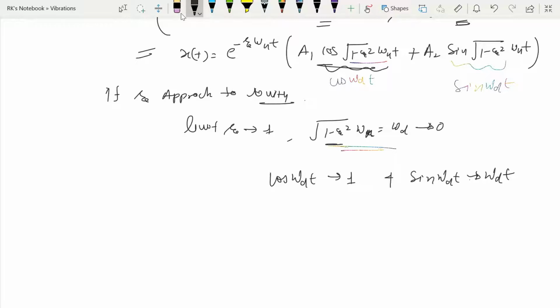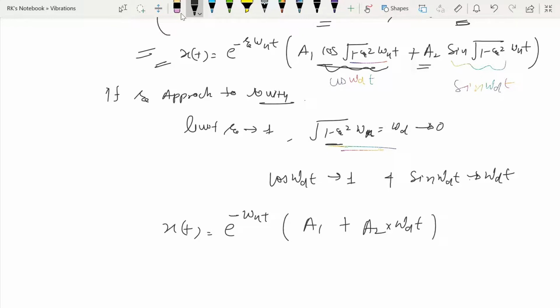This equation can now be written as x(t) equals e raised to the power minus omega n t, because we are putting the limit zeta equals 1, times a1, with cos omega d t tending to 1, plus a2, with sine omega d t being omega d multiplied by t.